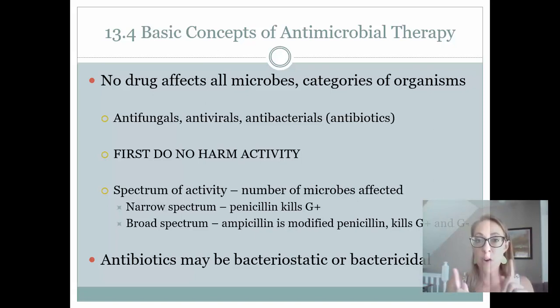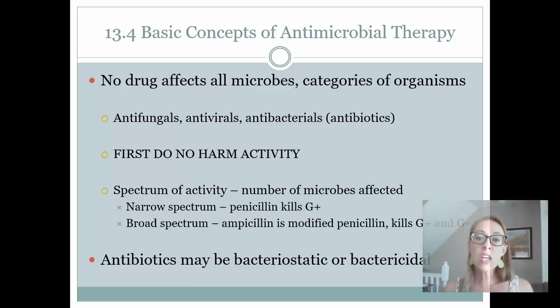Antifungal drugs fall in between, and that's because fungi are eukaryotic. They're going to have a lot of the same structures and organelles that they're going to be using. So when we start talking about these different types of drugs, and we're going to focus primarily on antibiotics, selective toxicity needs to be playing in the back of your mind.